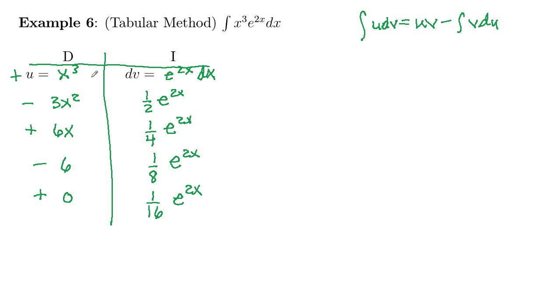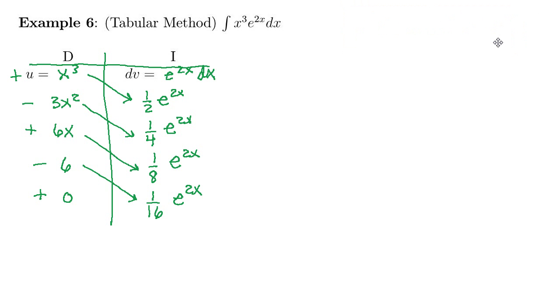So then you just multiply on the diagonals and add those products up. And the 0 is not multiplied by anything here. So the answer here is going to be x cubed times 1/2 e to the 2x.